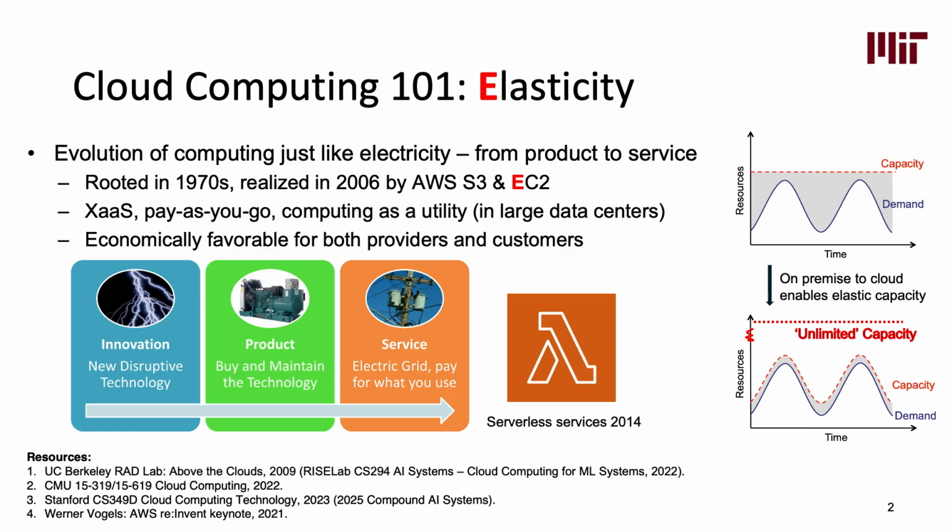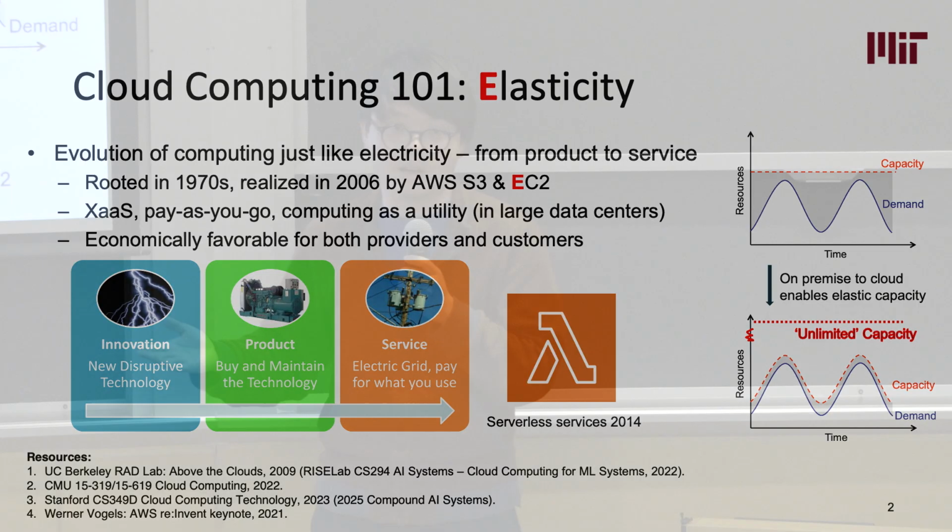But eventually, when these products became more mature and the cost went down, it started to become a service to everyone. It becomes affordable, and you just need to purchase a service instead of building your own grid. For example, these days you just go to a utility and open an account, and immediately you have access to electricity.